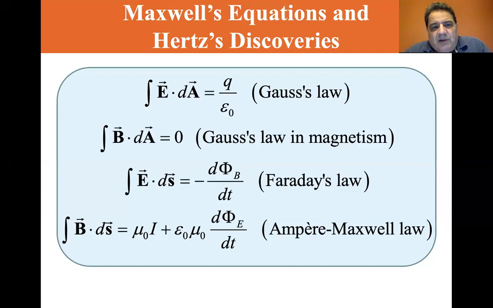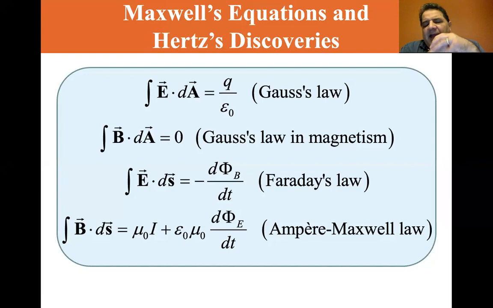So first we have Gauss's law. The integral of E dot dA is equal to Q divided by epsilon 0, the permittivity of free space. The electric field around any surface area is related to the charge inside that surface area.